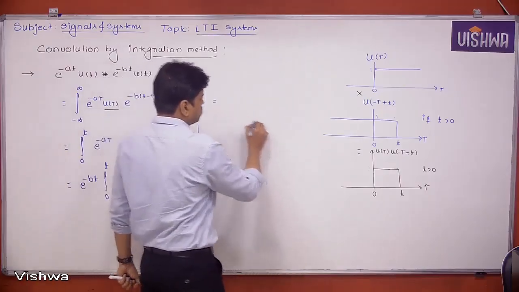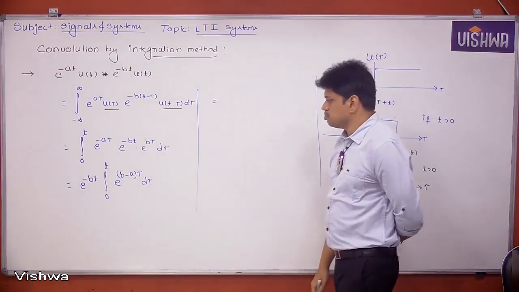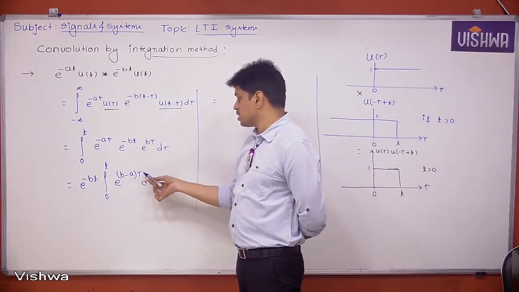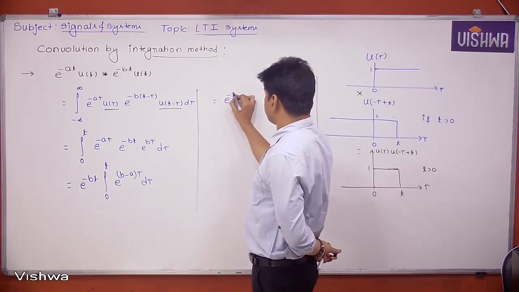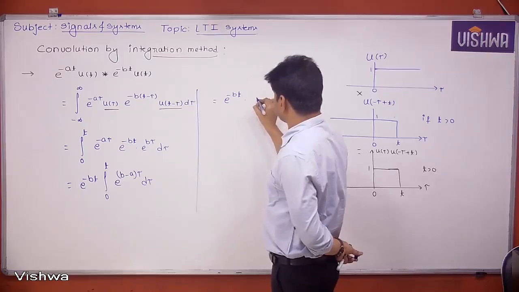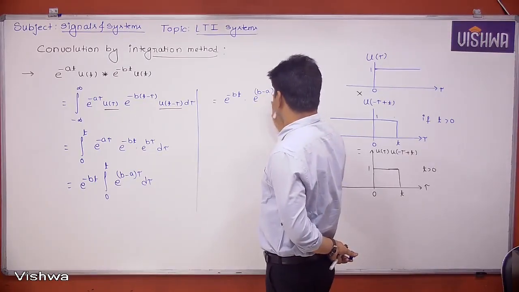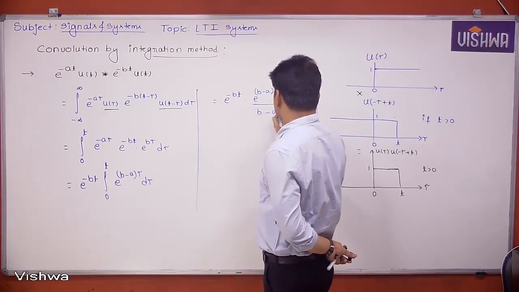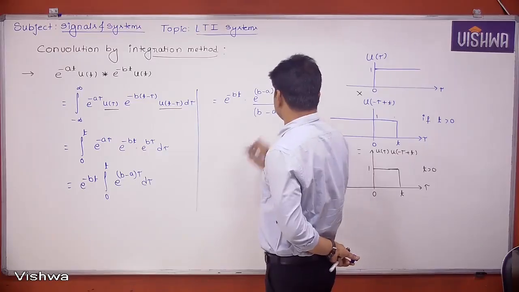So what is the integration of e power (b minus a) tau d tau? E power minus bt into e power (b minus a) tau by (b minus a), from 0 to t.